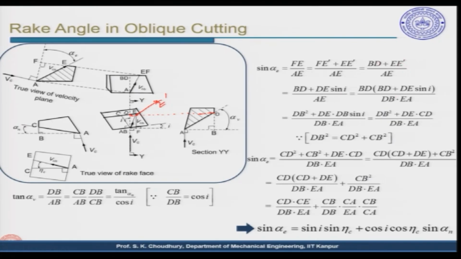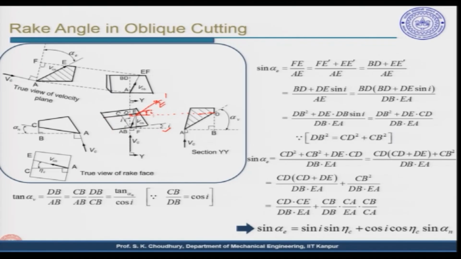If you can see EE prime, this is a small triangle. This EE prime can be represented as DE times the sine of i, because the angle between this line and this dotted line is i, the tool inclination angle, because this cutting edge is parallel to this.